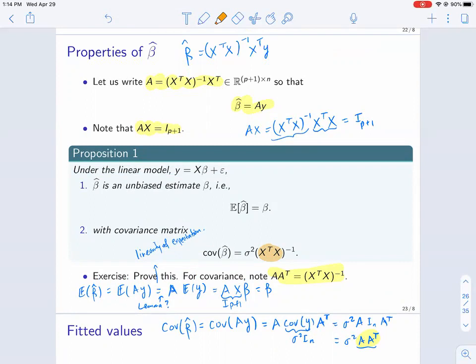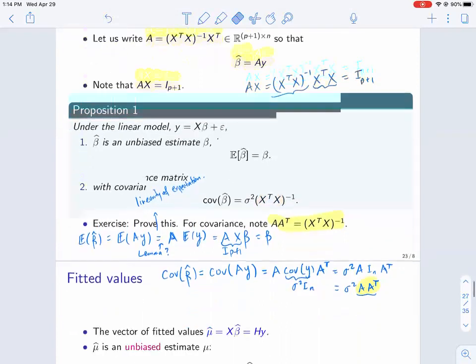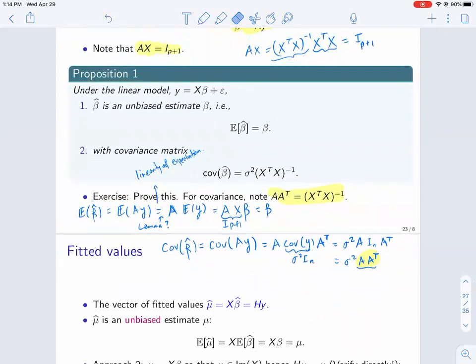So you can see that the Gram matrix, the thing that we talked about, the inverse of it appears in the covariance of beta hat. Again, a statistically useful quantity. And again, if you remember, covariances are positive semi-definite. This is another proof that X transpose X is positive semi-definite, because positive semi-definiteness is preserved under taking inverses.